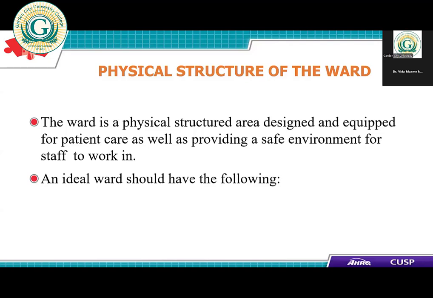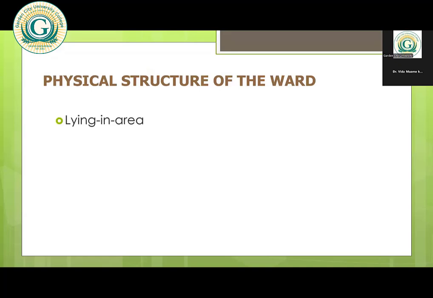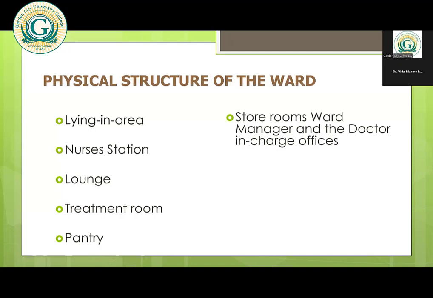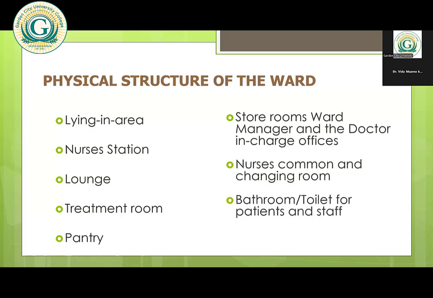So an ideal ward should have this. These are the lying in, and you all know that. You also have the nursing station. Yes, it's very important, the nursing station. We also have the lounge, treatment room, storeroom, storerooms, nurses' common and changing room, bathroom, toilets for patients and staff.